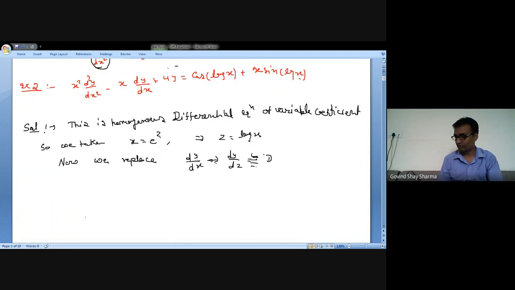So we get D(D minus 1) minus D plus 4, applied to y, is equal to e to the power.